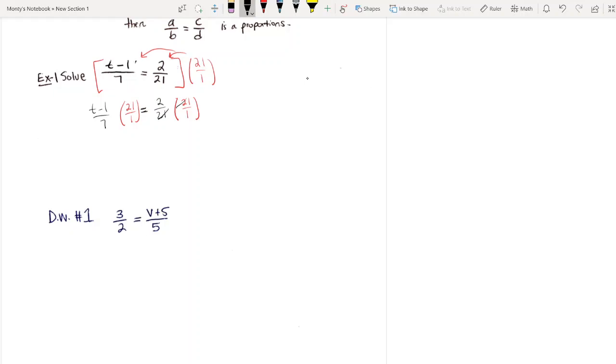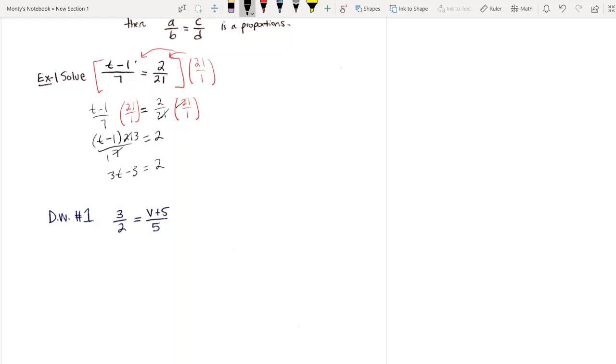So these divide out. We've got 2 on the right-hand side. Here we've got t minus 1 times 21 over 7. Well, 7 will divide into 21 3 times. So distributing the 3 here, we get 3t minus 3 equal to 2.